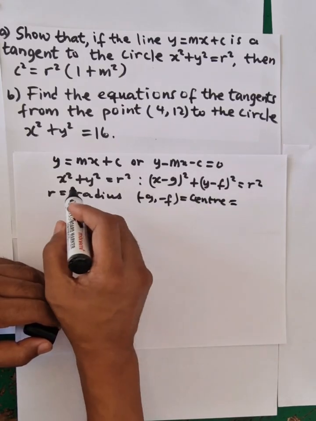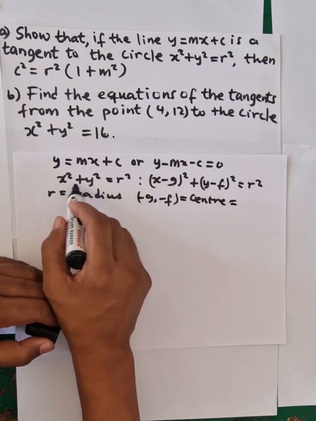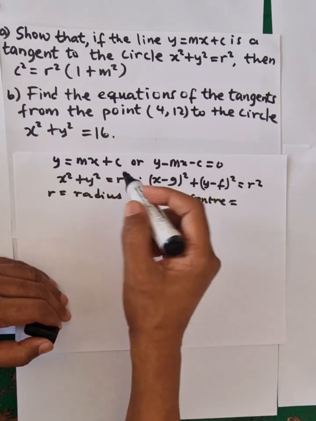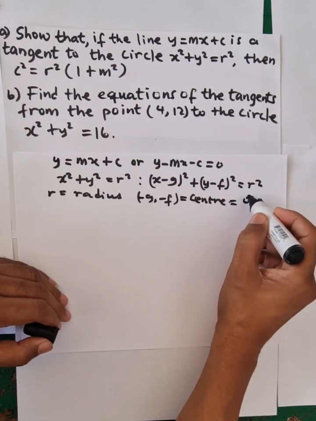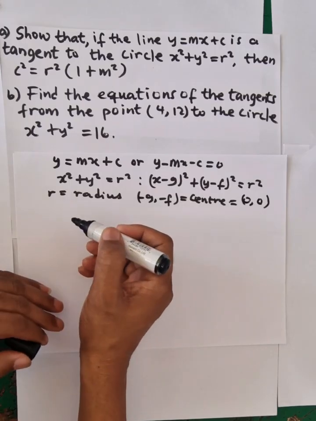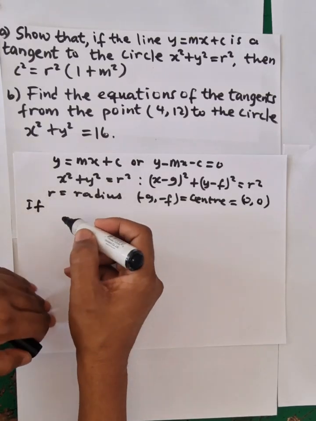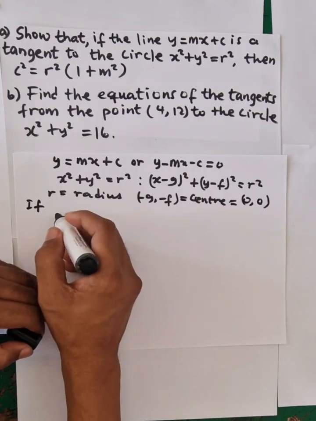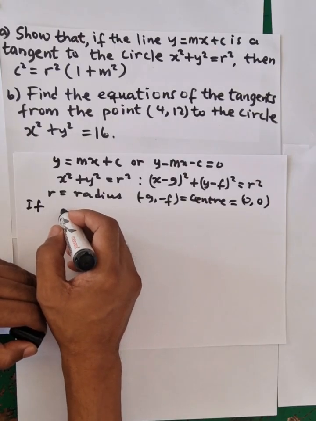So in this form, it's clear that when you compare coefficients, our center is the origin 0, 0.